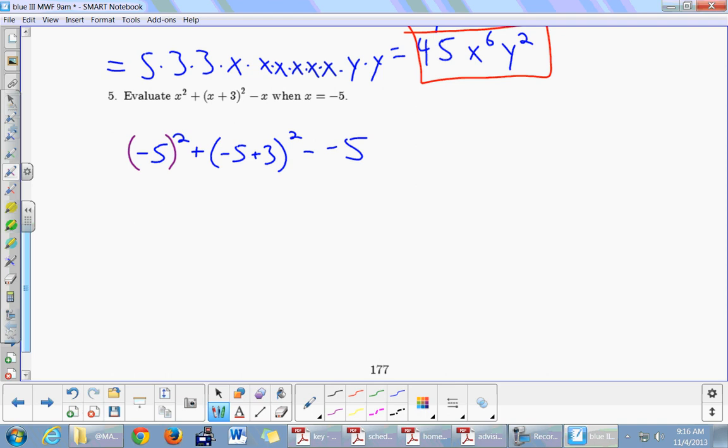That -5 needs to be in parentheses, because without the parentheses there, it looks like I am squaring what? What am I squaring according to what's written right now? I'm squaring 5. That's not what I should be doing. I should be squaring -5. But instead I'm squaring 5 and then sticking a negative in front of it at the end, and that's not going to give me the right answer.